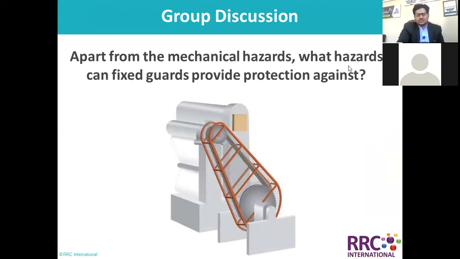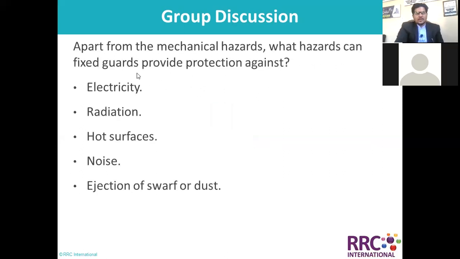How are they going to protect us? Like electricity, nobody can touch any electrical connections, and also radiation, hot surfaces, noise, and the ejection of sparks or even dust. So fixed guards definitely save us from several other hazards.